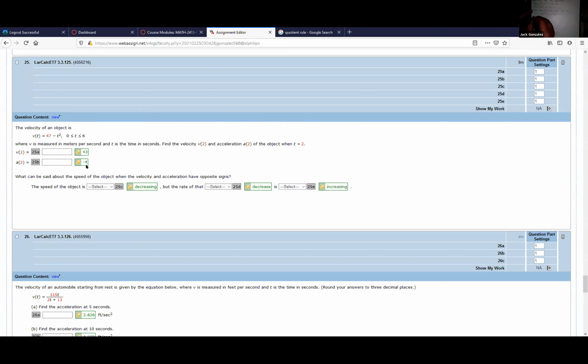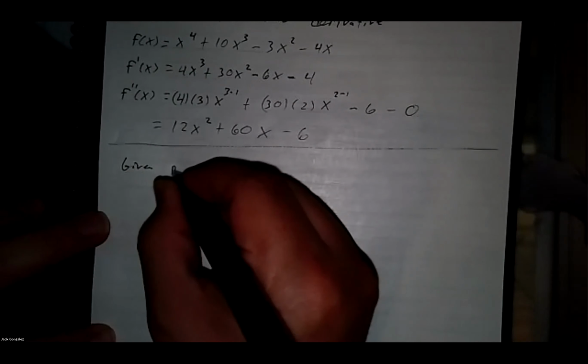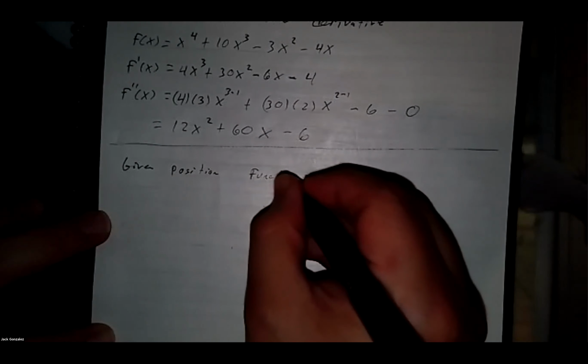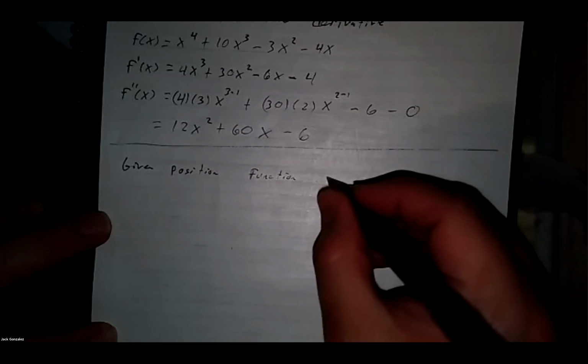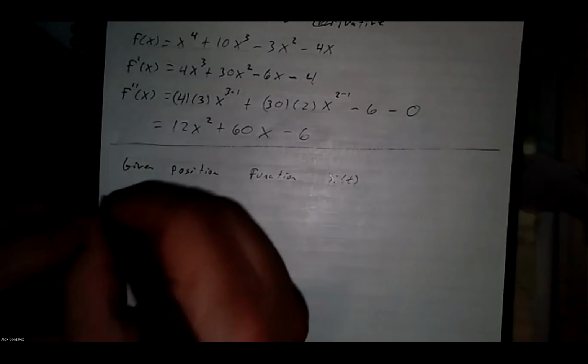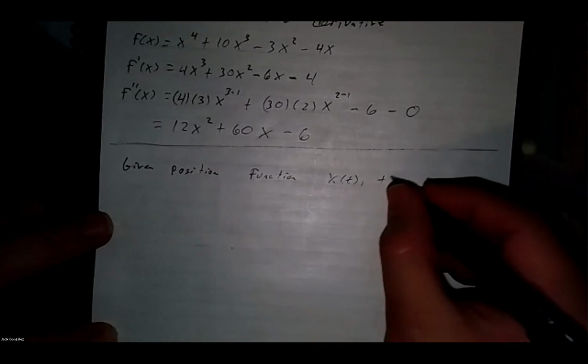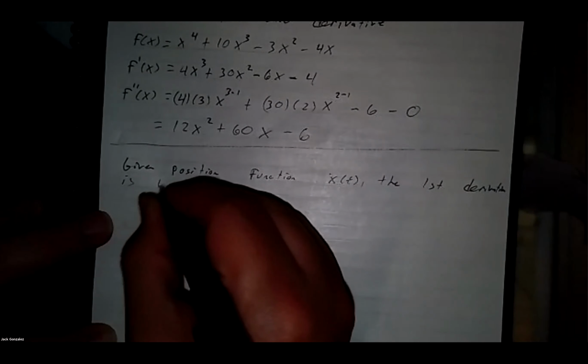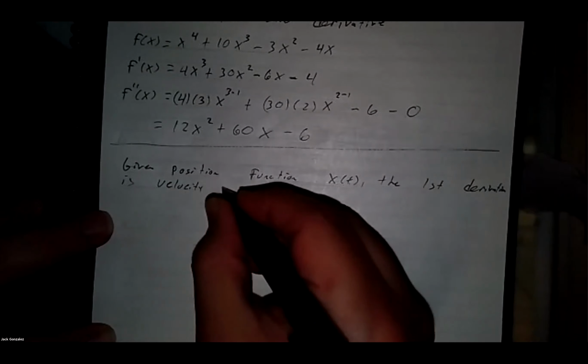So it's a quick note here. Given a position function x of t, the first derivative is velocity, v of t.